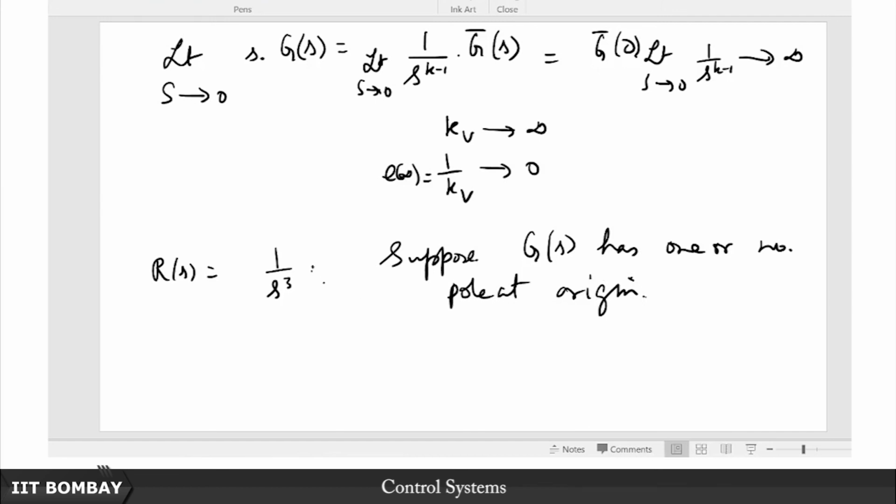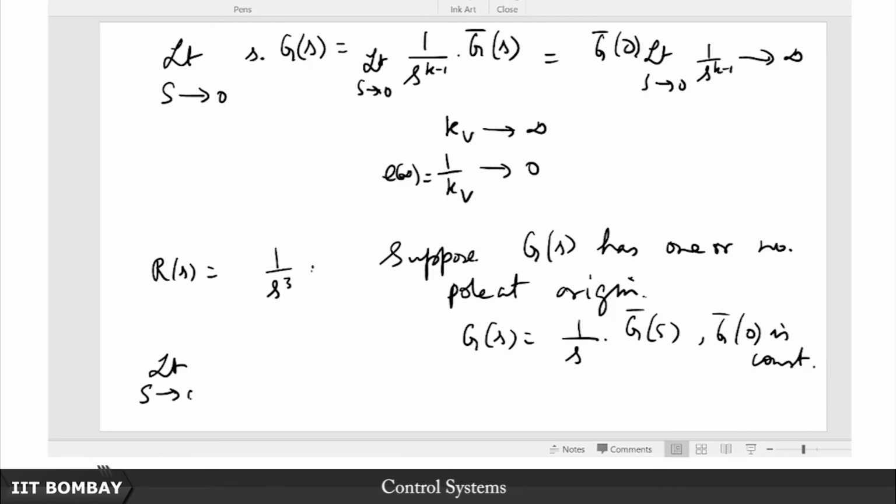What can you say about the steady state error? Then that means you have essentially G of S equal to at most 1 by S times G bar of S, where G bar of 0 is constant.